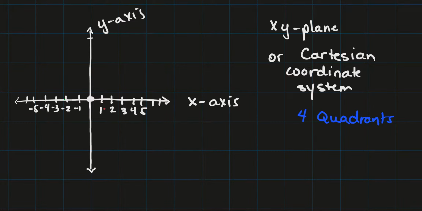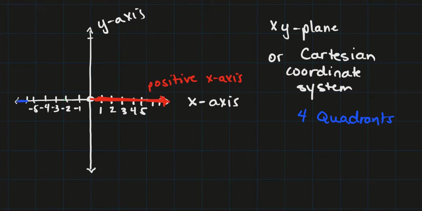So this piece right here, now this is going to be 0, and anything past 0 on the right of 0 here is called the positive x-axis. That's where you have your positive values on your x-axis.